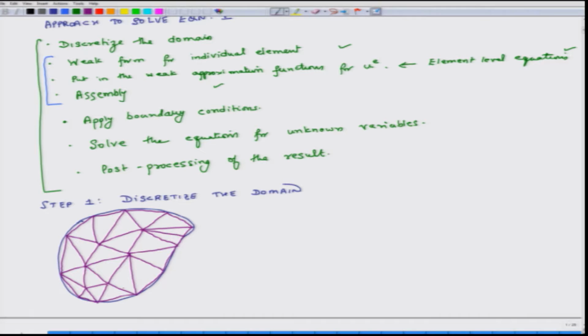So, this is my discretized domain, but the important thing to note is that these areas in red do not get captured in the domain when we discretize it. This is something fundamentally different from what we had seen in one-dimensional problems, because there it was a straight line element. So, I could break it up into smaller line elements and the entire length of the line would be covered.